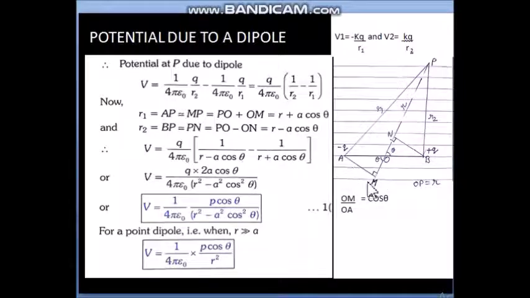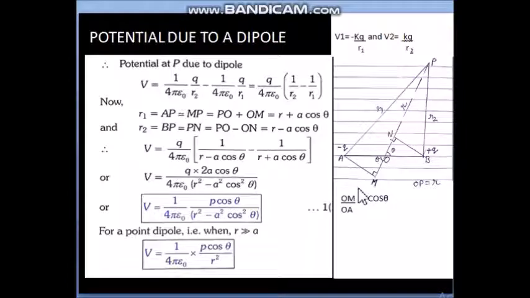Suppose that normal falls on point M. If you carefully notice, this triangle is an isosceles triangle if the point P is very far. So approximately this AP distance is equal to the MP distance. So R1 is approximately equal to MP. Now we will find this MP distance.